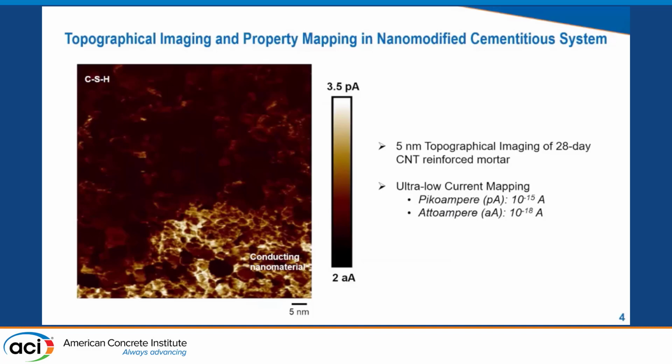Actually, the black area, the shaded area, represents the calcium silicate hydrates, while the lightest area is the conducting nanomaterial. And here, in the current mapping, we see the range of the current that we measured. We are talking about very low ranges, attoampere and picoampere. So we measured the current at an ultra low level, from atto to pico.